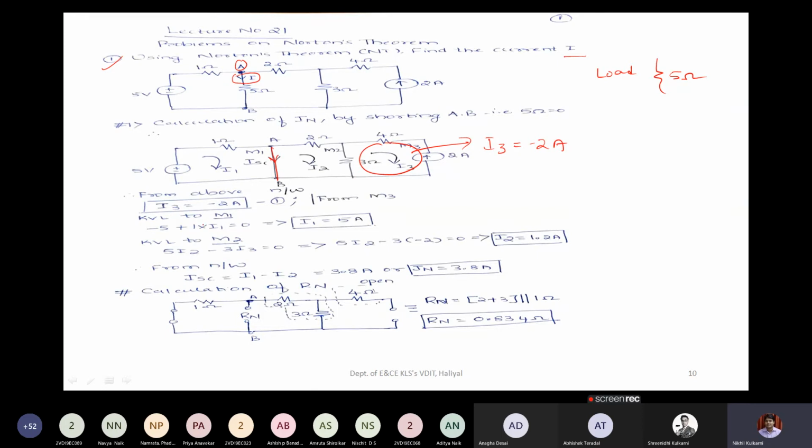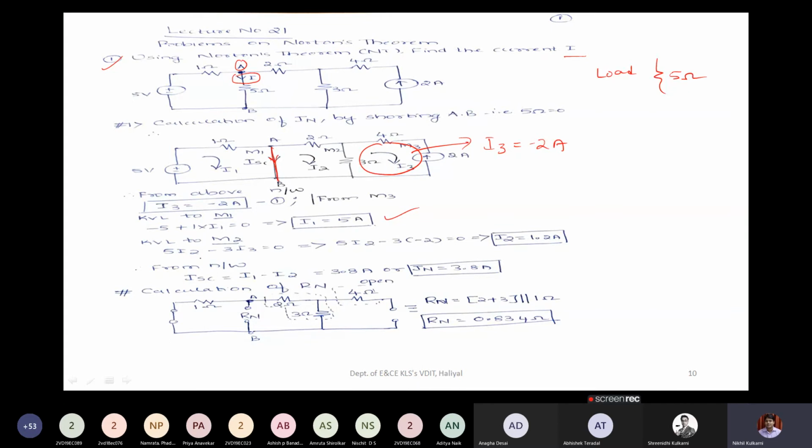If you apply KVL to mesh 1, you will get minus 5 plus I1 into 1 equal to 0, because nothing is here, no current will flow. Then I1 will be 5 amperes. And if you use that in mesh 2, here we have 3 plus 2, 5 times I2 minus 3 times I3 equal to 0.